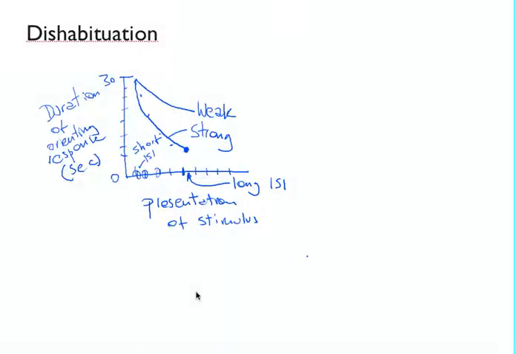Next one is the one that I want to spend a little bit more time talking about, which is dishabituation. Let me erase these last few things I did here. And by dishabituation, what we mean is the following.